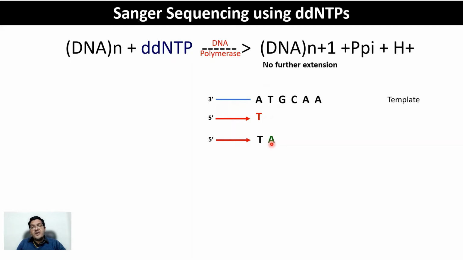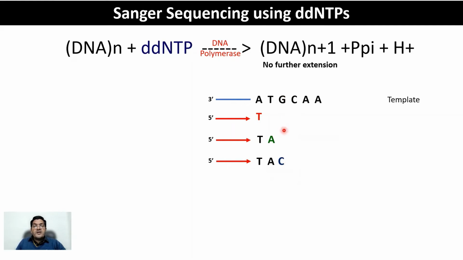If a ddNTP gets added, then again, no further extension is possible here. Likewise, if a normal dNTP is added, then you move to the third position. There is a guanine on the third position of the template. You can now add a dNTP, complementary dCTP or ddCTP cytosine here, right? So in case you add a ddCTP, again, this fragment cannot be extended any further.